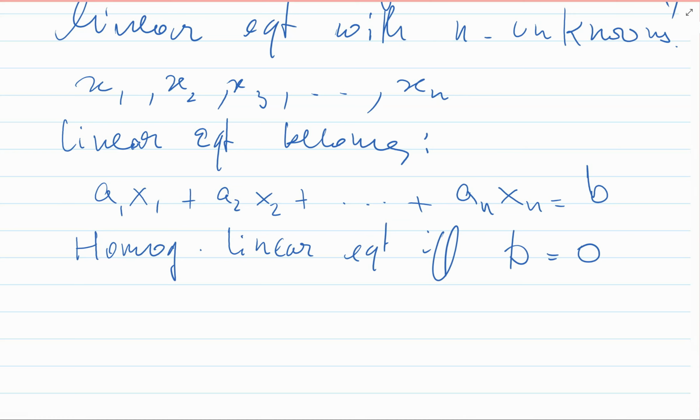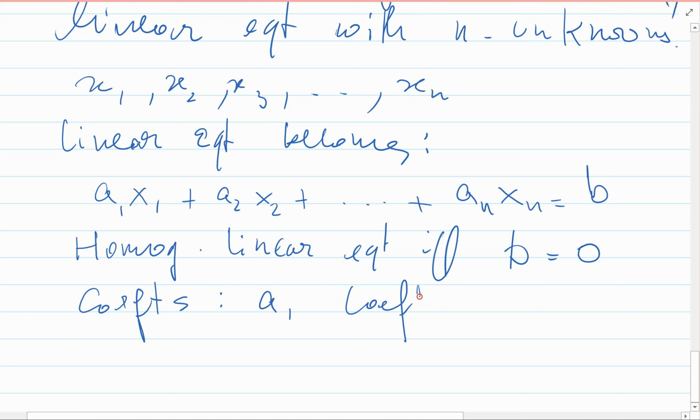It gets complicated, but a1, a2, an, we'll call them the coefficients. So a1 is the coefficient of x1, a2 is the coefficient of x2, and an is the coefficient of xn.